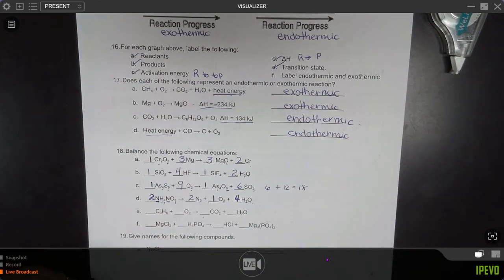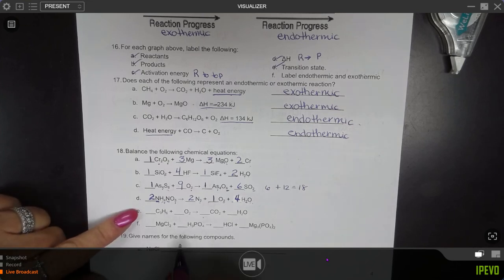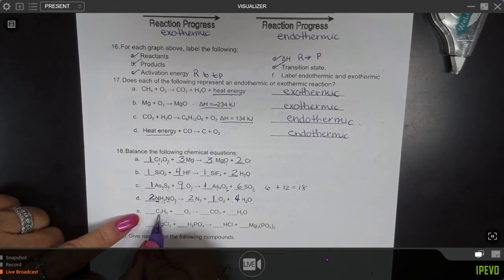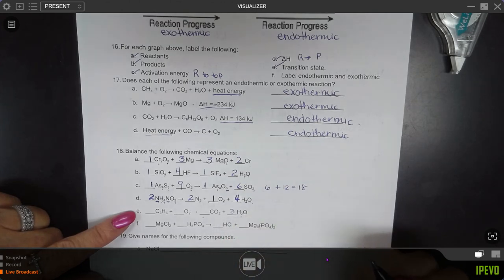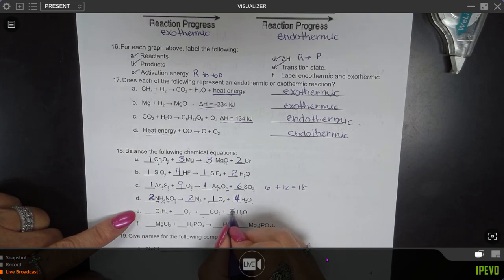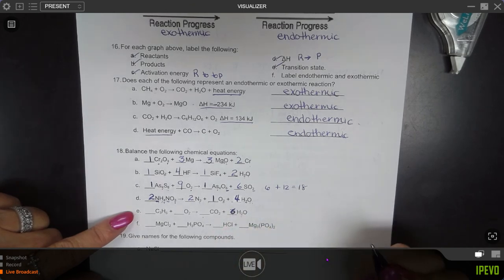All right. Let's look at this one. So we have 3 carbon, 6 hydrogen. Now, if I put a 3 here, that gives me 6 hydrogen, but remember now I have an odd number of oxygen. So what we're going to do here for this reaction is we're just going to double that right off the bat.